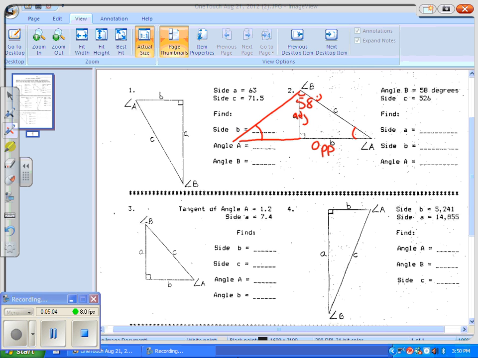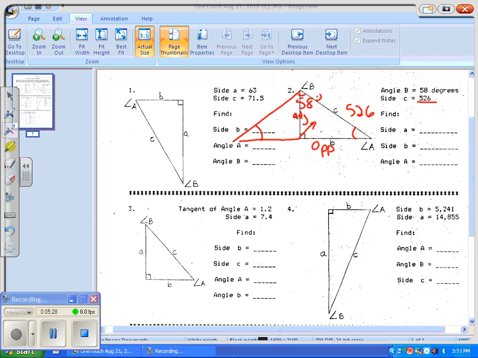If we have an angle and a side, that sets the scale. So 58 degrees, and side C is 526. We know it's straight across from the 90 degrees, so that's got to be the hypotenuse, right? So we can use sine or cosine to find one thing or the other.